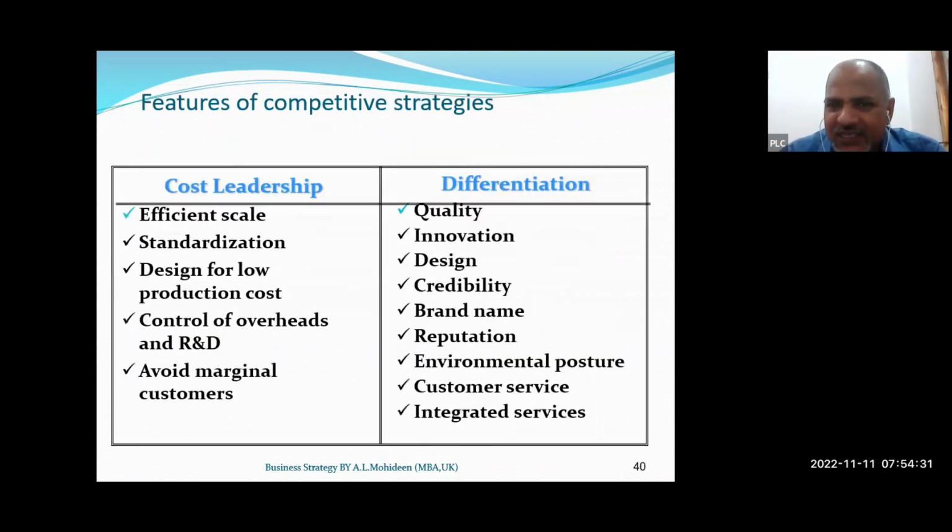Yes. So when you look at this differentiation strategy, you are focusing on quality, innovation, reputation, design, credibility, and customer service, integrated service, everything you are going to bring. So your role will be different from a low-cost strategy to a differentiation strategy.